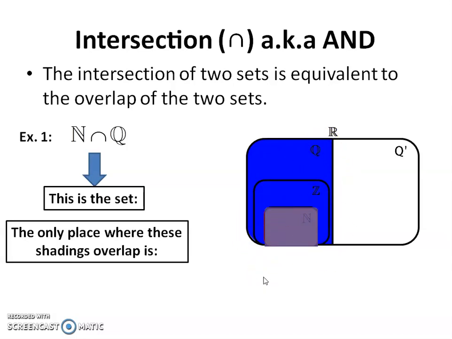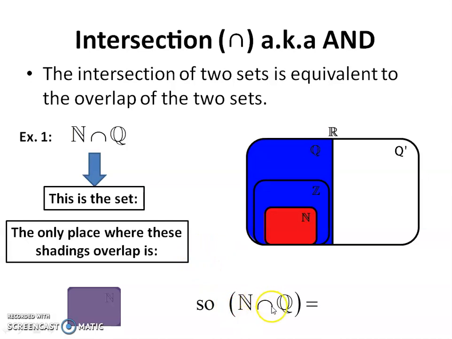And that means that I can write a statement like this. That overlap region means that this N intersection Q is actually completely equal to, it's equivalent to N. That's where those two overlap. They both exist in the same place, just where N is.